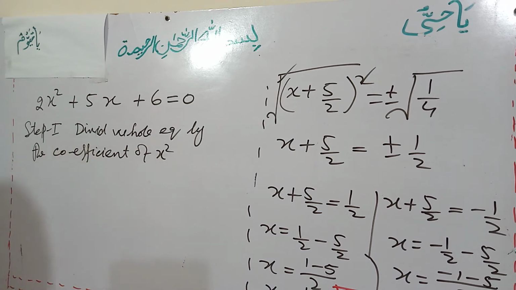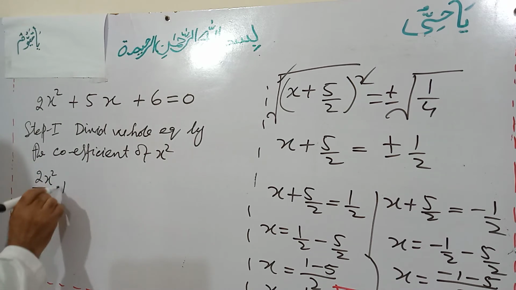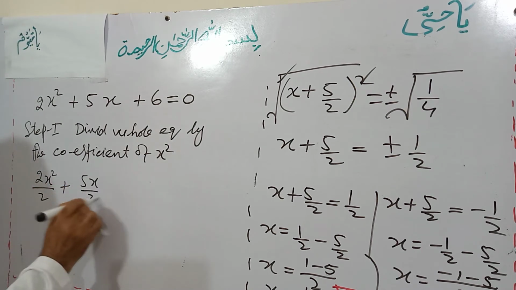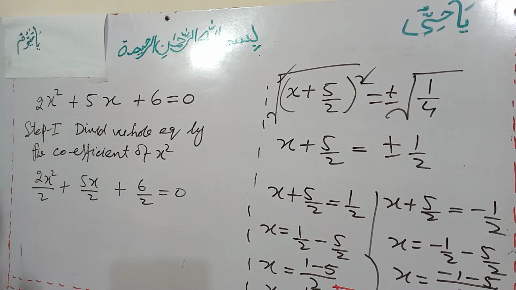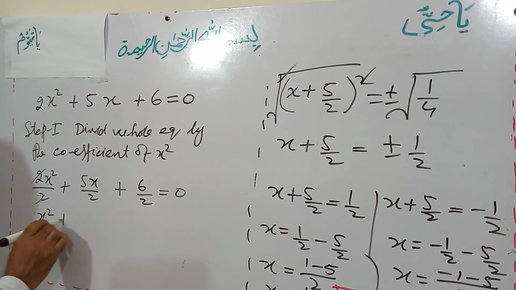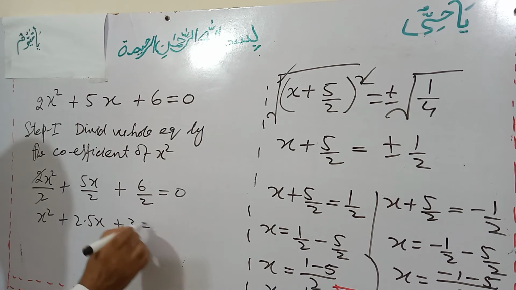This is your first step. Now divide the whole equation: 2x² over 2 plus 5x over 2 plus 6 over 2 is equal to 0. So this is cancelled. x² + 2.5x + 3 = 0.